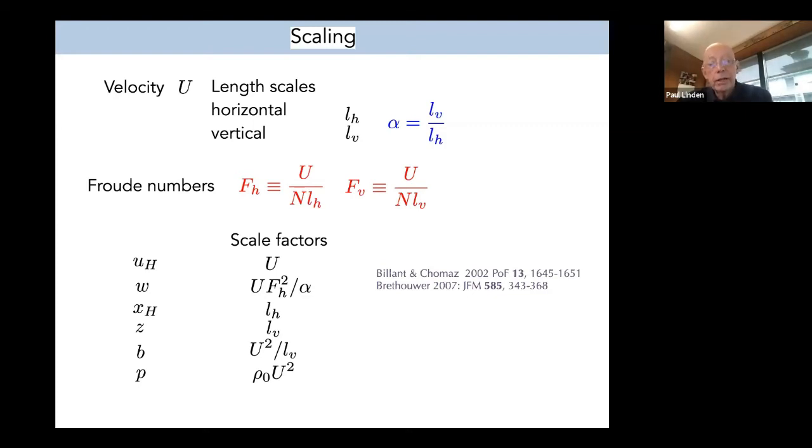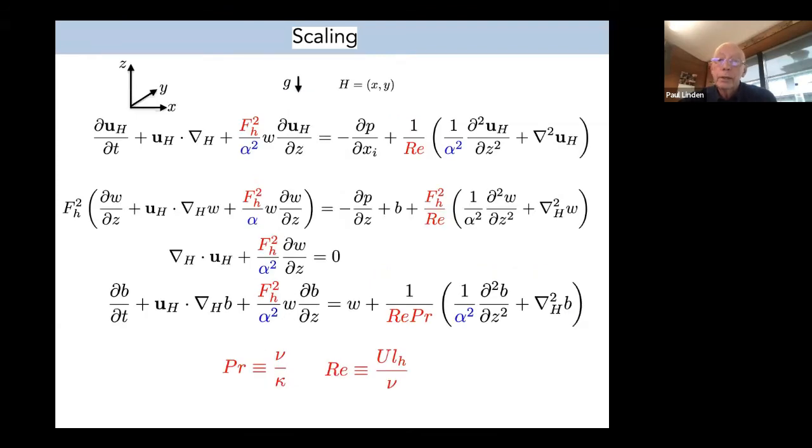The horizontal lengths scale by LH, the vertical by LV, the buoyancy by U squared over LV. So again, dimensions of acceleration, L t to the -2, and the pressure in the usual way, rho naught U squared. And if you do that, you can write down the equations with these new scales.